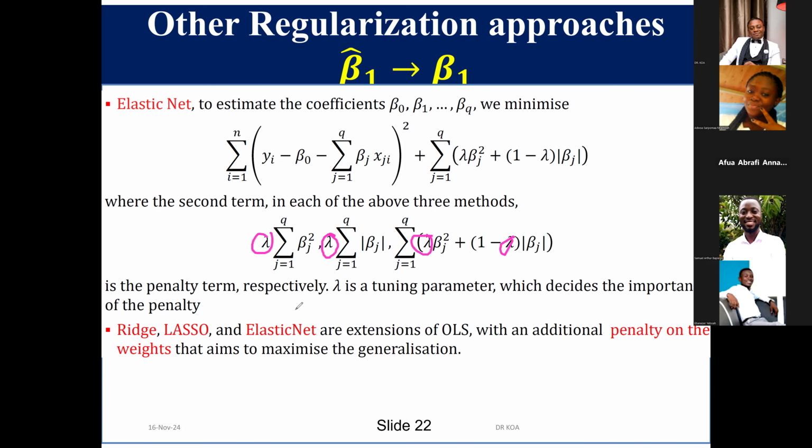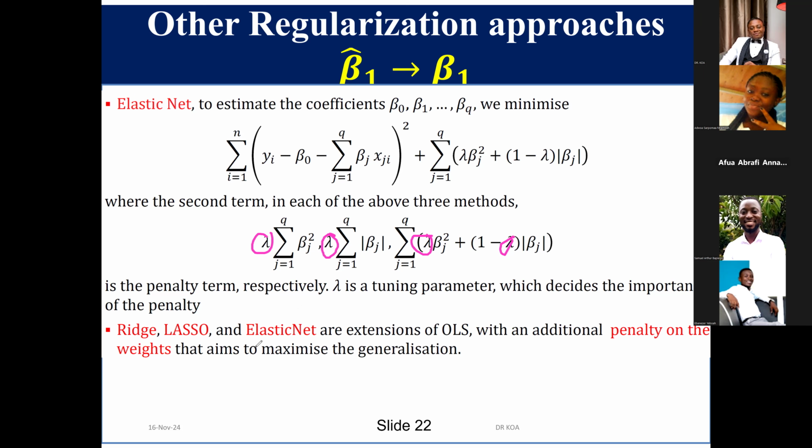Okay? And it tells you the weight of the penalty that one can actually put in the estimation of the beta. In other words, as you estimate the beta, there is a penalty you have to pay for that. So all these three, the ridge, the lasso, and the elastic net, extend the OLS regression with an extra penalty on the importance of the weight.